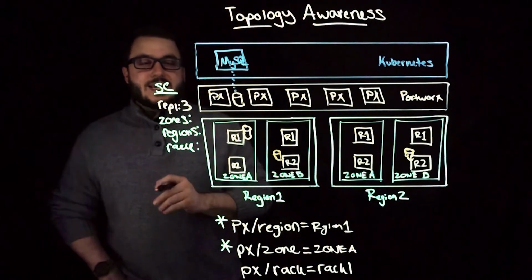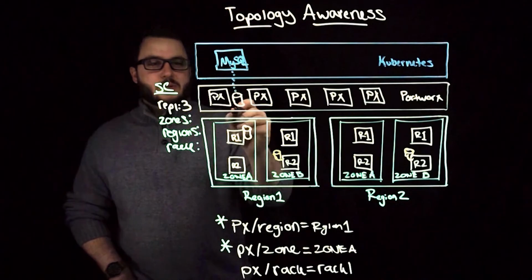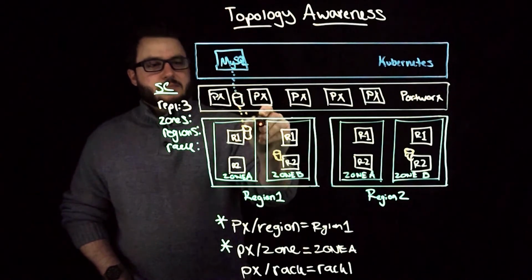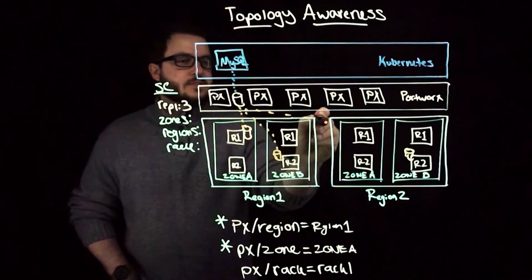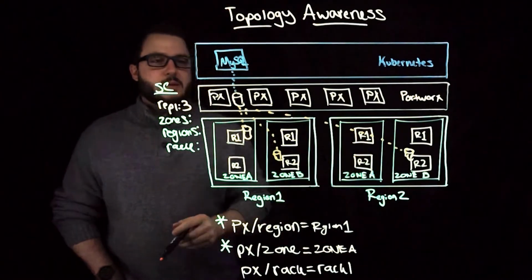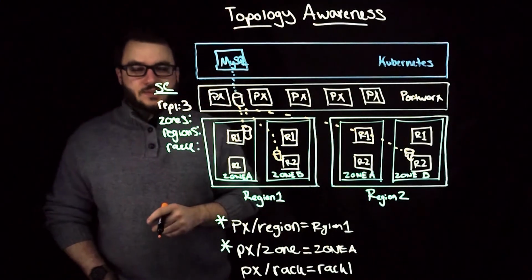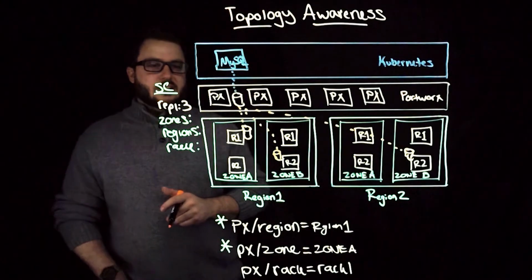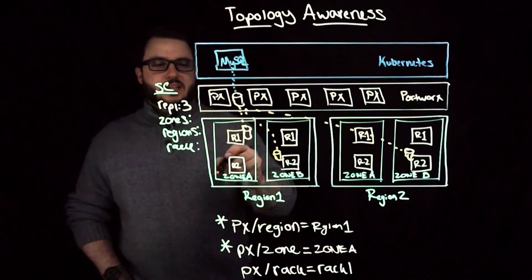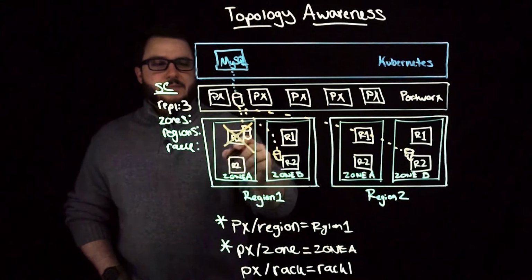Now, what's nice about this, because Portworx can be topology aware, right? Our replicas are distributed across our regions and zones and racks such that we can lose an entire rack.